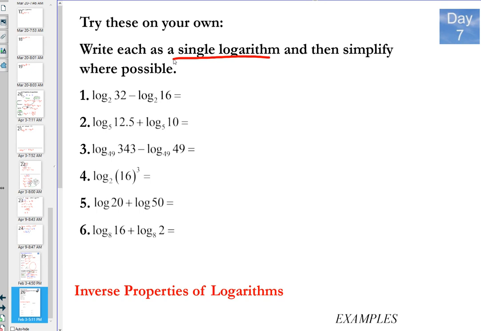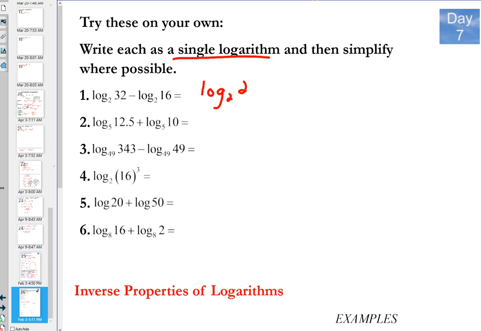Yeah, it should have been 1. Use the quotient property. They're both log base 2, you bring them together, 32 divided by 16 is 2. Again, be careful with the quotient property, because if you put this backwards, with a 16 and then a 32, you wouldn't be getting 2, you'd be getting 1/2. When you're taking the log of a fraction, you're going to end up with a negative.